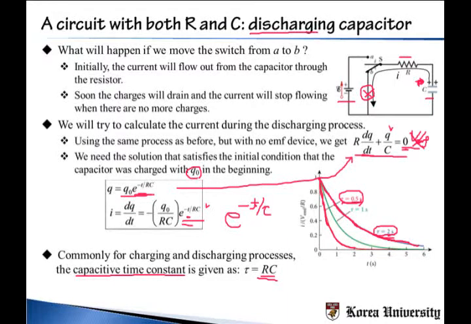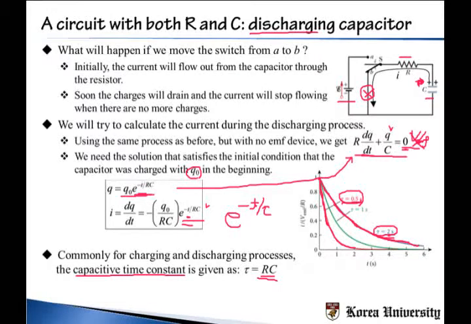And at the same time, what will happen if you have a large C? If you have a large C, it's just like you have a very large bucket. If you have a very large bucket, then of course there will be a large amount of charge. So it will take a long time to get rid of them. So that is the reason why the time constant becomes larger when you have large RC.